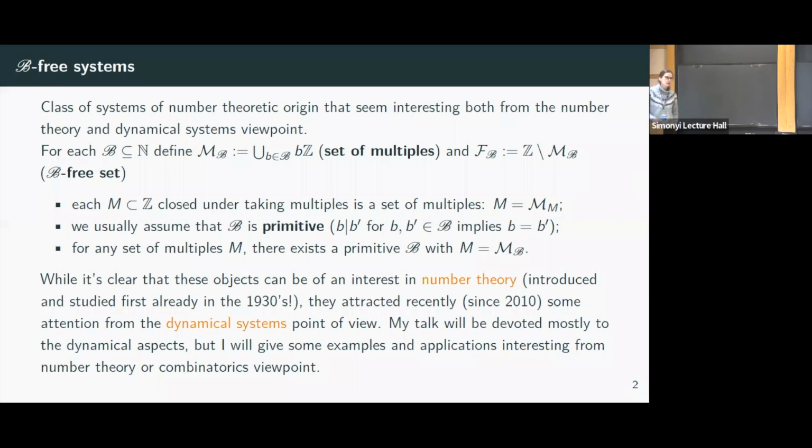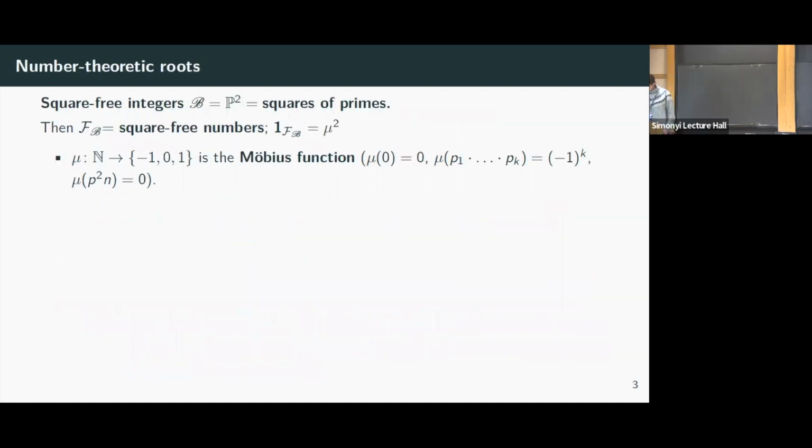During my talk, I will concentrate on dynamical aspects. However, I will try to indicate some directions and give you some sample results showing why they are also interesting. These objects are also interesting outside dynamics, and how these things are related to each other.